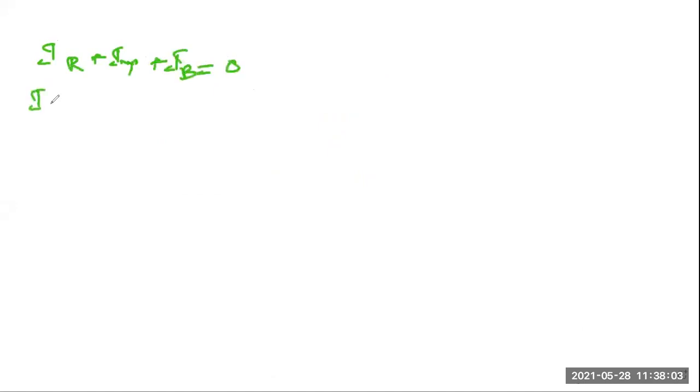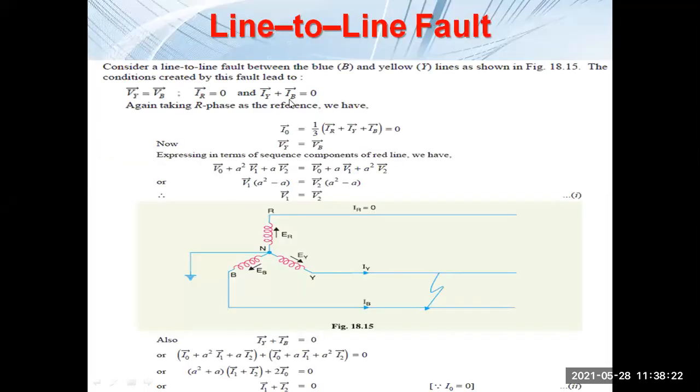Now in this case, as R phase is open circuited, IR equals 0. So IY plus IB is equal to 0. So that's why Iy plus Ib equals 0.